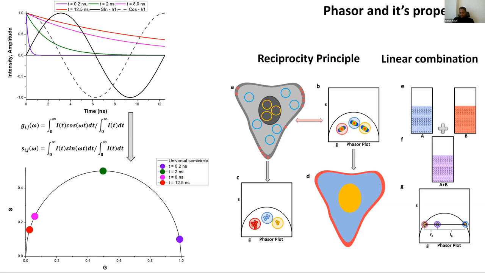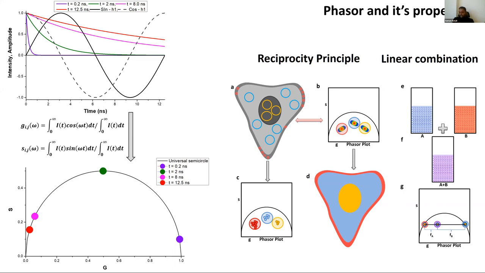Another thing that Alex mentioned is the linear combination. So this is just shown in terms of solutions. Let's say we have a solution A and B. Their phasor points would lie at these 2 points. However, if you mix those two, which, if you think about it in terms of image space, is basically the same behavior as a single pixel which has 2 different dyes.